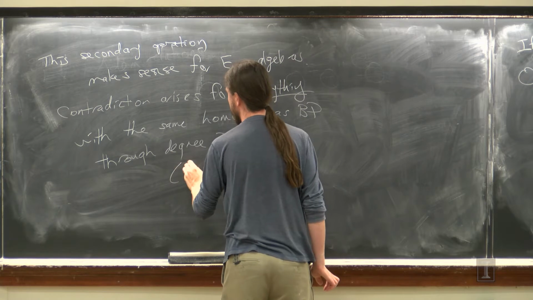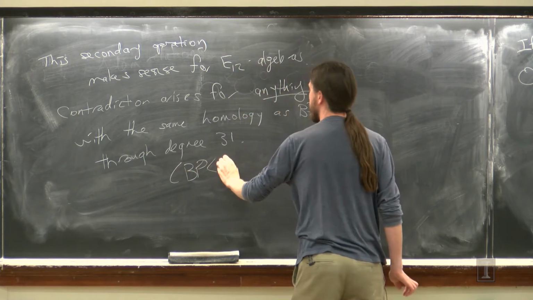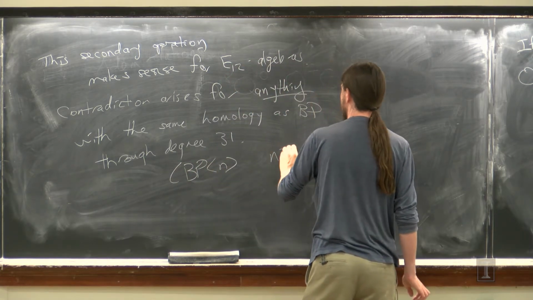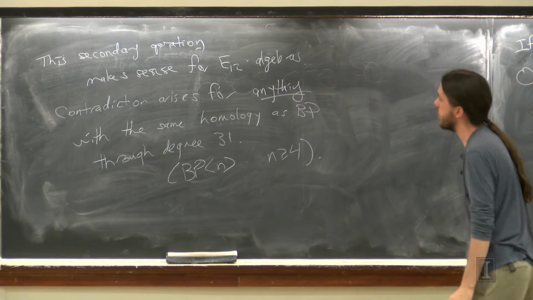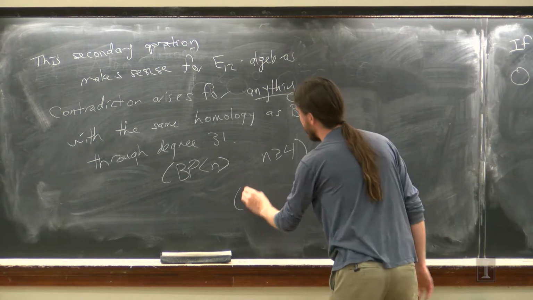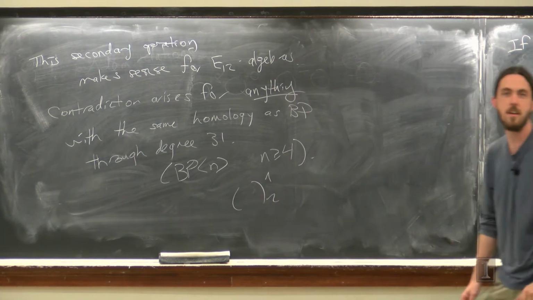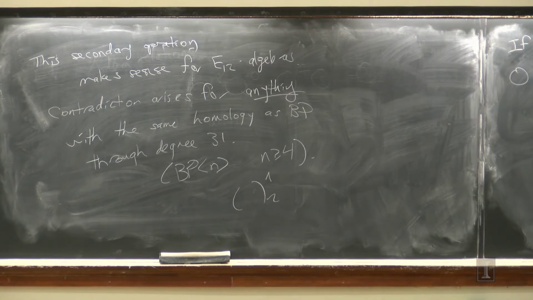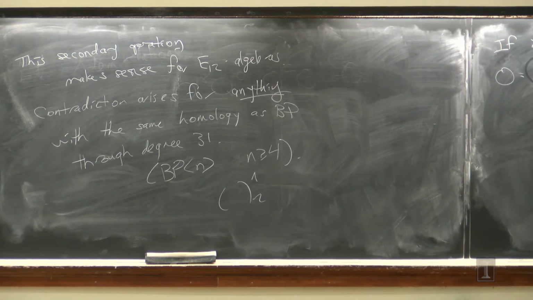So in particular, this applies to the truncated Brown-Peterson spectrum BPn for n greater than or equal to 4. And we can fool around some more. We could throw some completions on, or things like that. But that's where the main part of this goes.